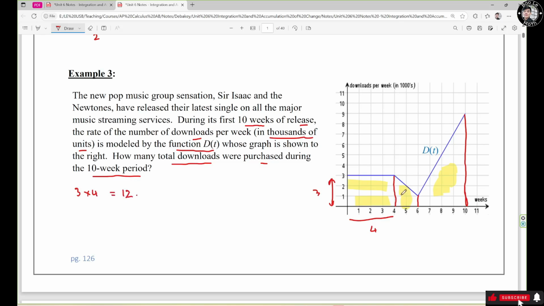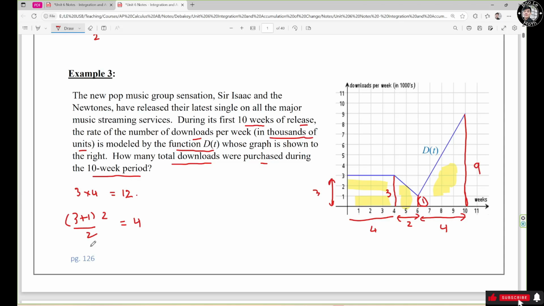Now the second one is the trapezoid. The area of a trapezoid is base 1 plus base 2, times height, divided by 2. Base 1 equals 1, base 2 equals 3, and the height is 2. So we have 3 plus 1, times 2, divided by 2, which is 4. For the third one, the height is 4, one base is 1, and the other base is 9.